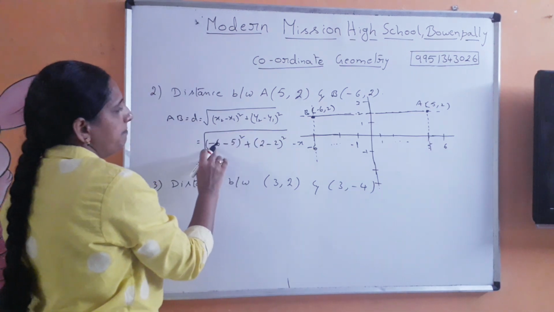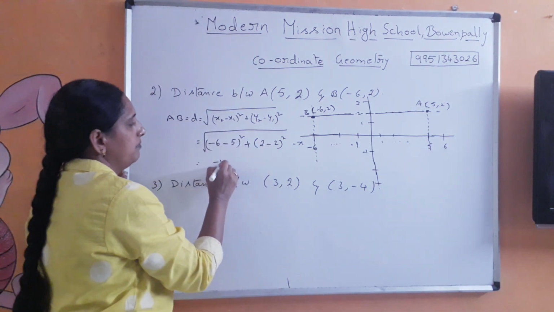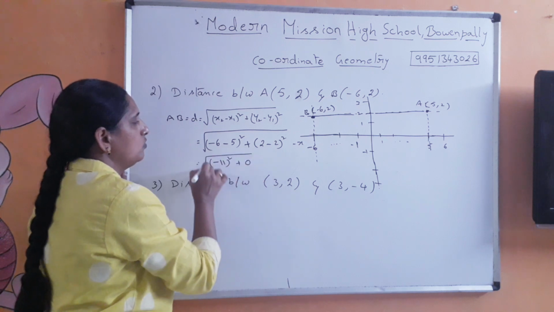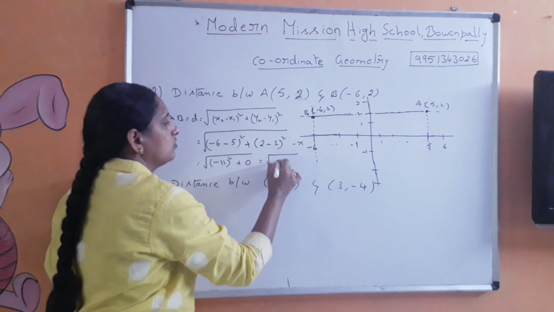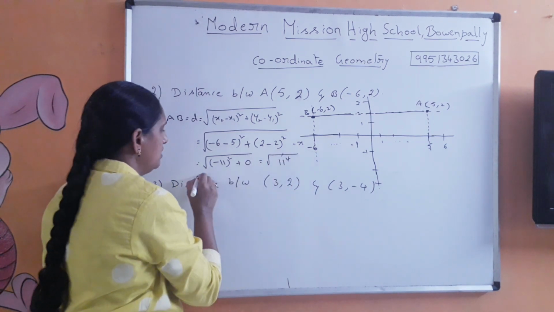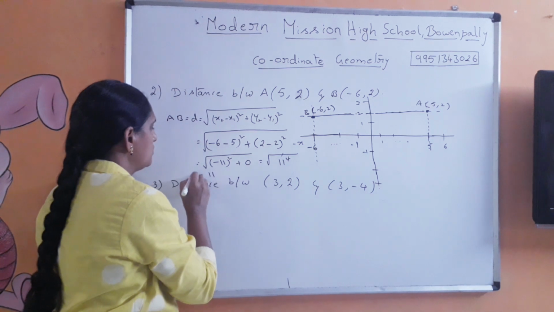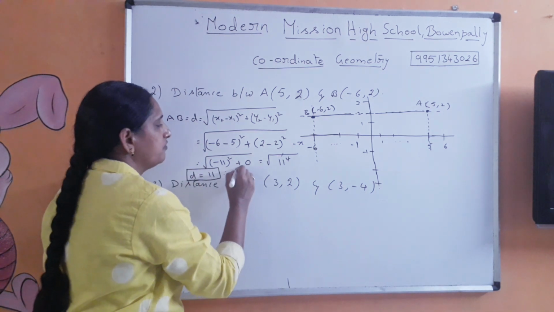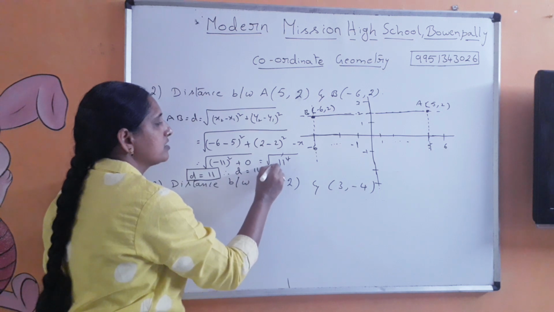So that is minus 6 minus 5, minus 11 whole square plus 0, under root, which is equal to square root of 11 square. The square and square root will get cancelled and you will finally get the answer to be 11 units. So what do you conclude? Therefore D is equal to 11 units.